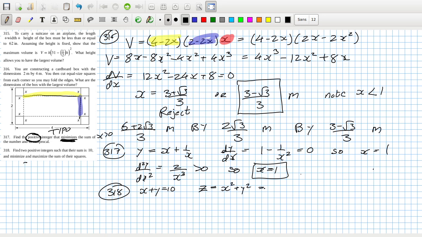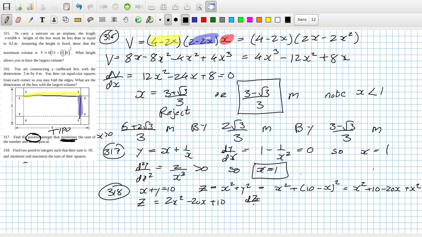Let's replace the y. So that is x squared plus 10 minus x squared, so that's x squared plus 100 minus 20x plus x squared. So that means z will equal 2x squared minus 20x plus 100.